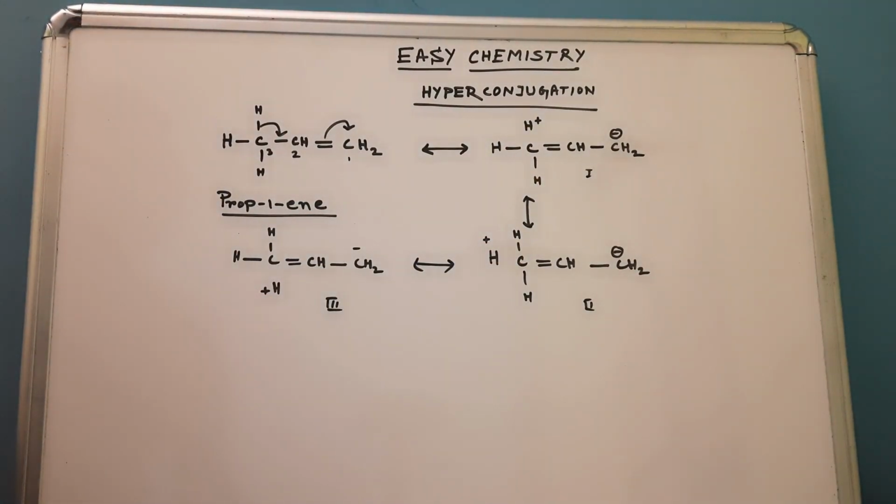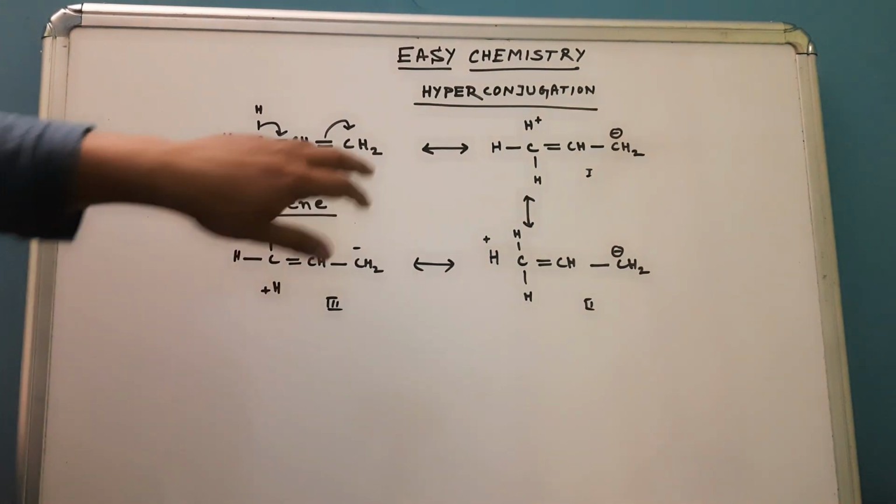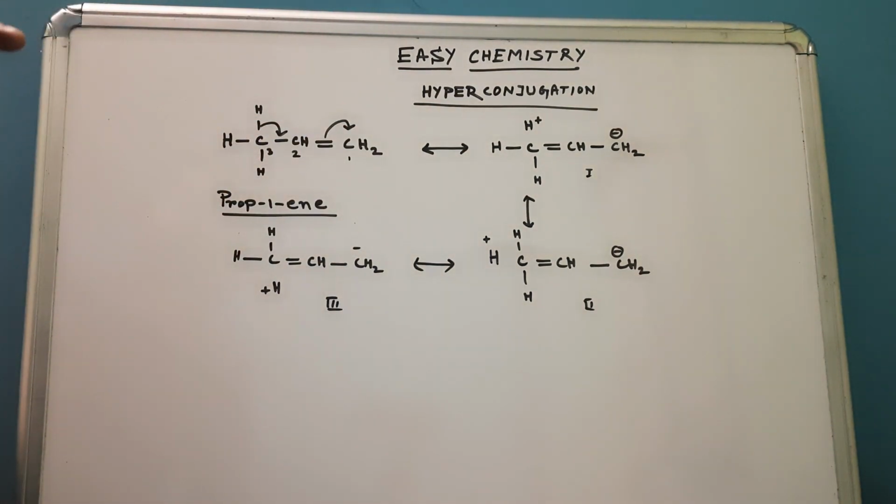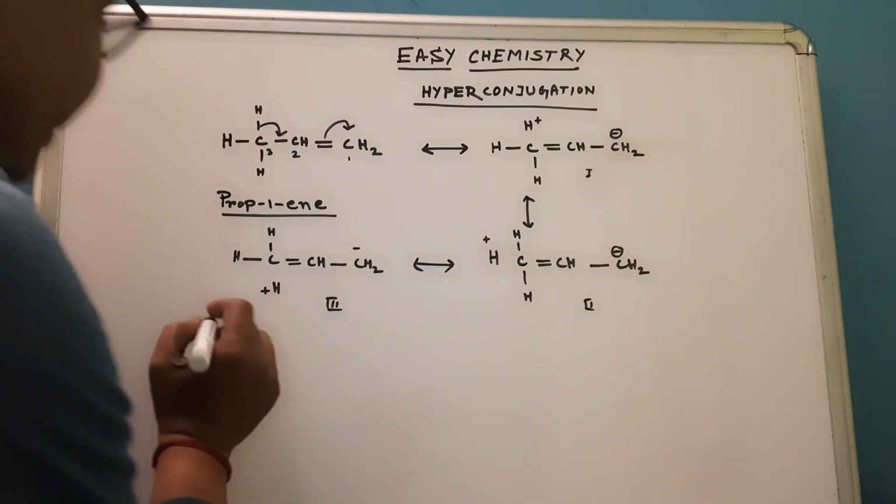Although the bonds between the carbon and hydrogens are broken, the hydrogens do not go far apart from this molecule. They reside near the molecule, so such a kind of resonance is called no bond resonance.